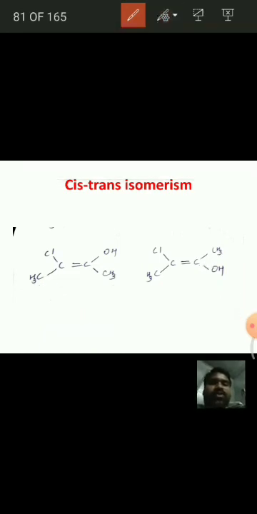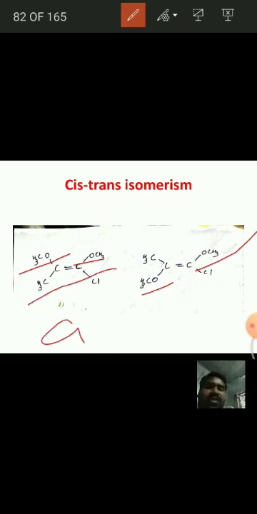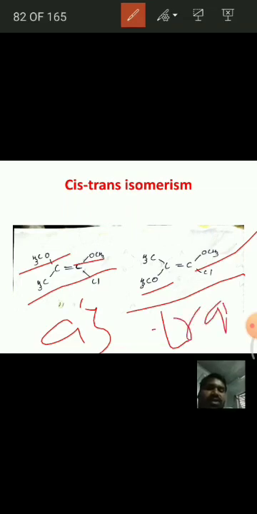I think you have understood about this cis-trans isomerism. Very simple. For this type of molecule, on each carbon atom the methoxy group is common. Here, first case same side, cis. The second case opposite side, hence trans. I think you have understood about this.